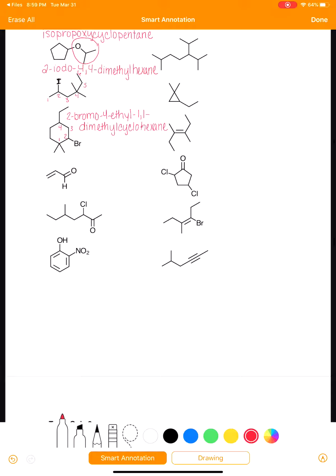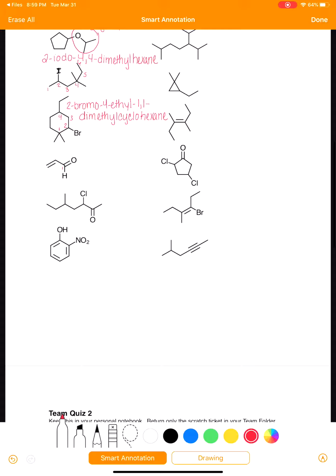One underneath it, this is an aldehyde, so that's going to be our carbon number 1, 2, 3. This is a 3 carbon propanal, but it has a double bond in it, so I want to put the number in the middle: prop-2-enal. That's the cleanest way to do it.